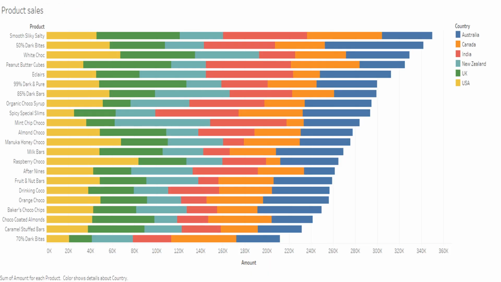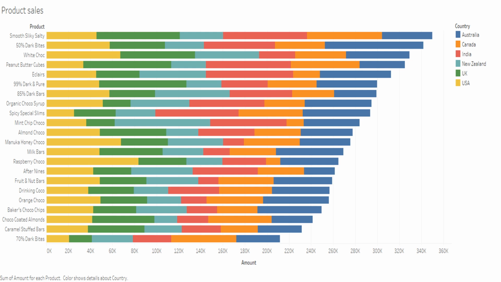Visualization 2, sum of product sales per country. As you can see, on the y-axis is the product, going from smooth, silky, salty to 50% dark bites, etc. And on the x-axis is the amount, going up by 20K, 40K, 60K, all the way to 360,000.